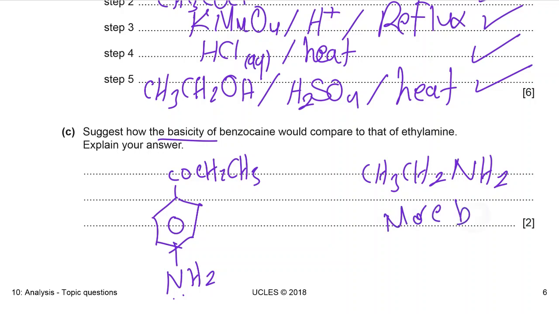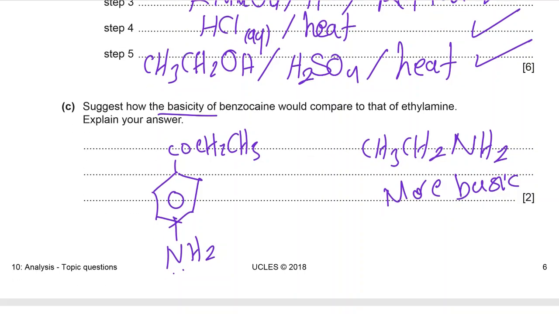The question is about the basicity. Actually this one is more basic. Why? Because the basicity of amines depends on the density of the pair of electrons over the nitrogen.